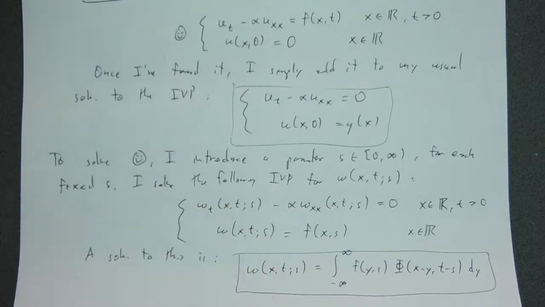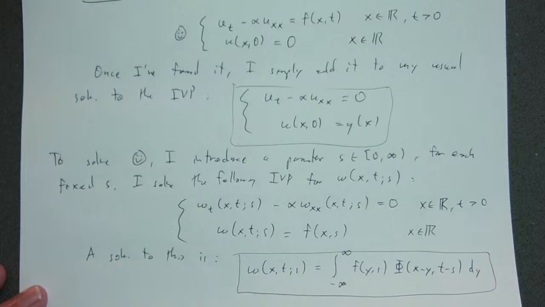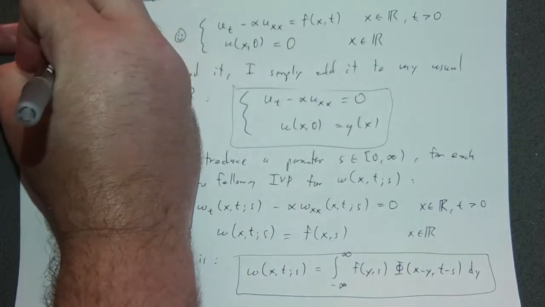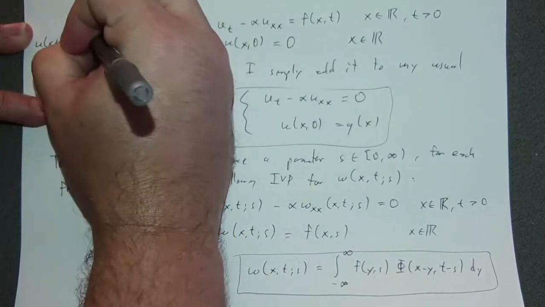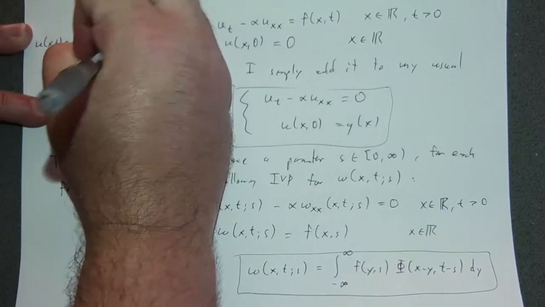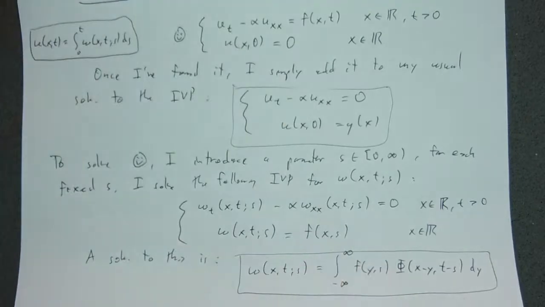The solution to smiley face is obtained by integrating this from 0 to t, okay, with respect to this parameter s. So the solution to smiley face, u of x, t, is the integral from 0 to t of w of x, t, s ds. Okay, you can call that like a short version of Duhamel's principle.